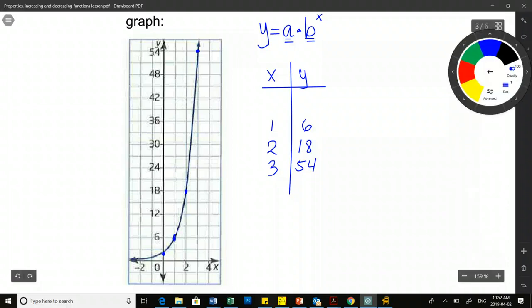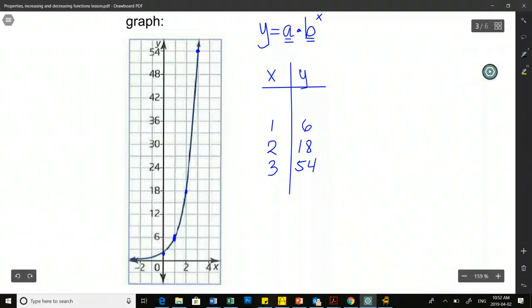Okay, so for the b value, what I'm looking for is to see if there is a constant multiple by which all the y values are changing. Is there something that I could multiply each of these by consistently? Yep. So if I multiply by 3, I'm actually going to get my future y values. So that's actually my b value. So we can put that in for b.